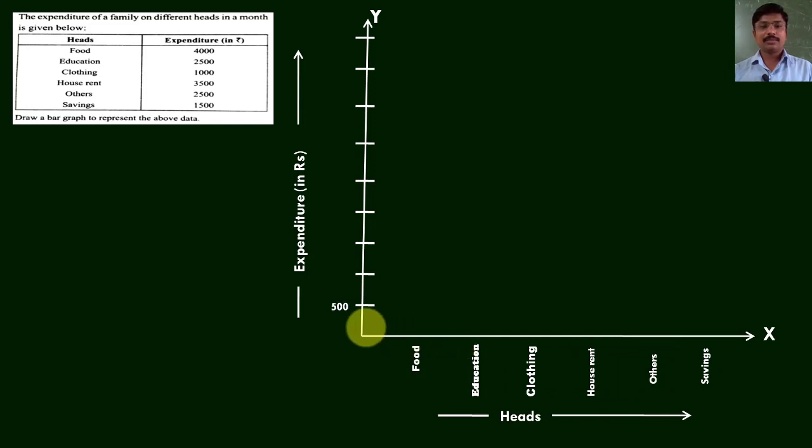Next, along the y-axis, we write the expenditure: 500, 1000, 1500, 2000, 2500, 3000, 3500, 4000 and 4500.